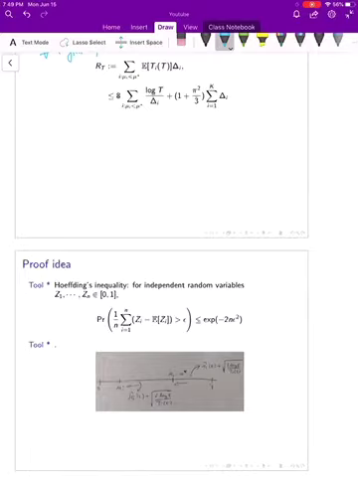The proof idea actually relies on two important facts.